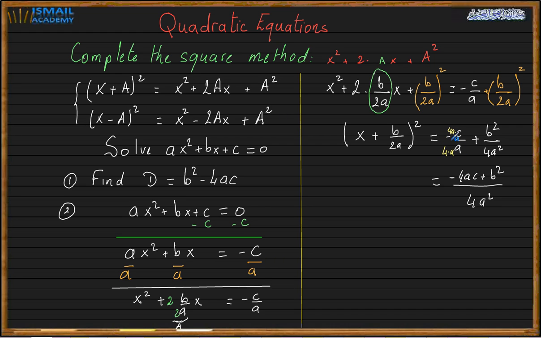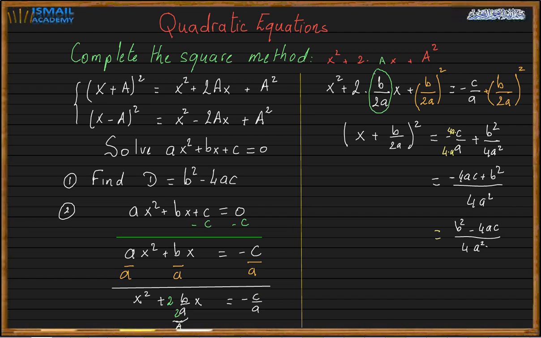This is minus c, so we have 4a times minus c, which is minus 4ac, plus b squared. If I switch those two, because addition is commutative, look what we have: b squared minus 4ac, because when I commute, we move the whole number with its sign. So here you have 4a squared, and you see this is the discriminant.